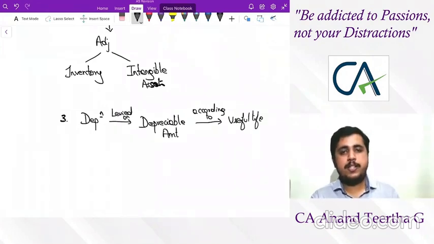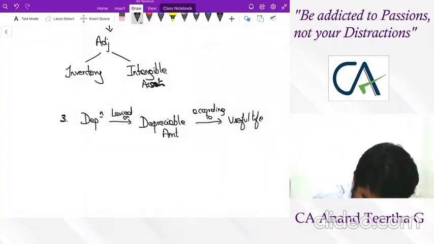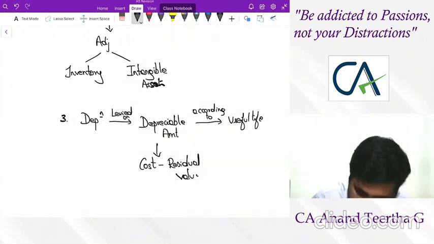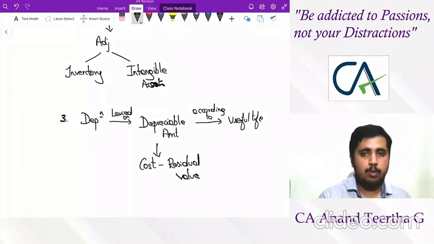Okay, so depreciation is always levied on the depreciable amount over useful life. What do you mean by depreciable amount? It is cost minus residual value. Okay, now useful life and residual value, two terms.